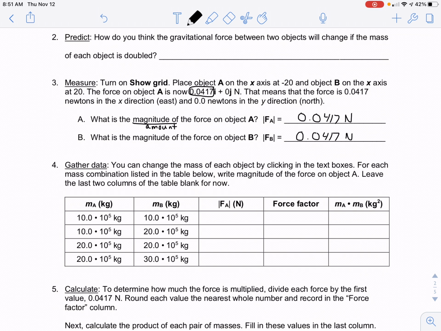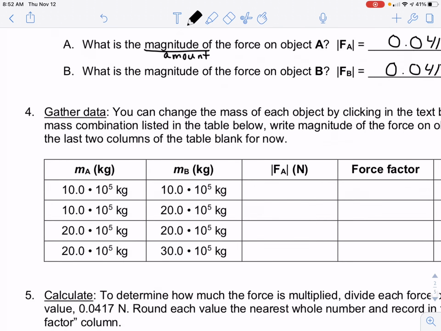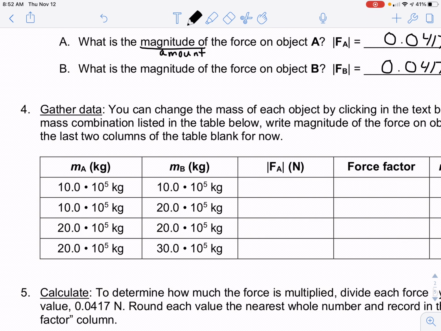Now let's take a look at how to actually gather data. All the data we're going to gather is going to go in this column here. Force factor, this column here, and MA times MB is this column here. Those are calculations, and we'll talk about those shortly. Now, we already see what happens when the first mass is 10 and the second mass is 10.